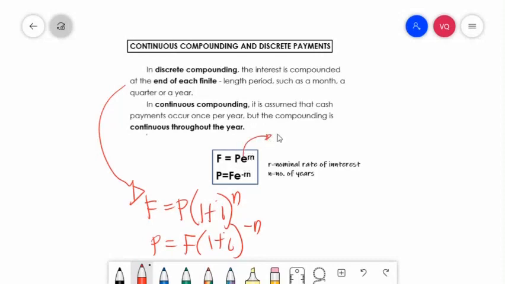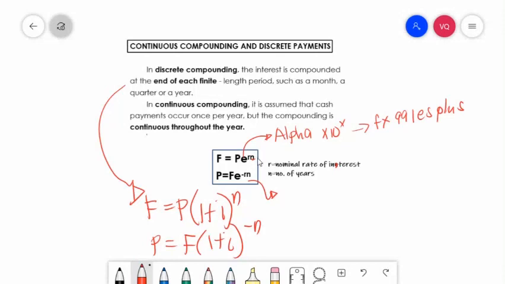Your E here is found in your calculator, alpha, then x 10 raised to x, in fx 991 ES plus, where your R here is the nominal rate of interest and your N here is the number of years. You can replace it with T.